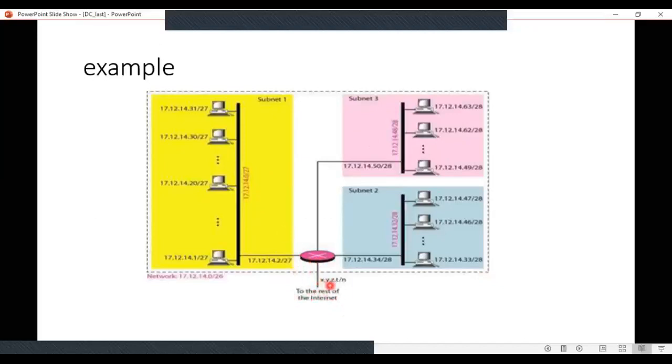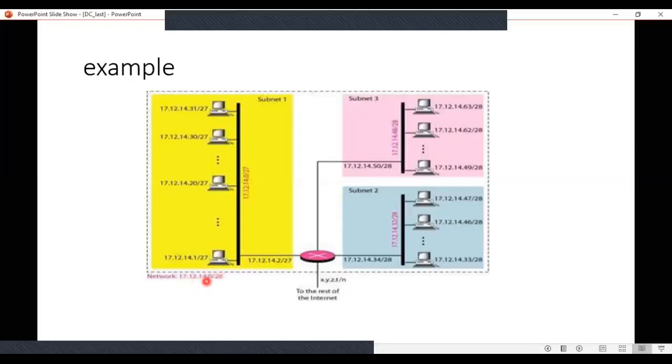Okay, the address format is as we discussed. It is x.y.z.t/n, that is slash notation, or you can say CIDR, classless interdomain routing. Now from the router you have the address, and an example is given here: 17.12.14.0/26.